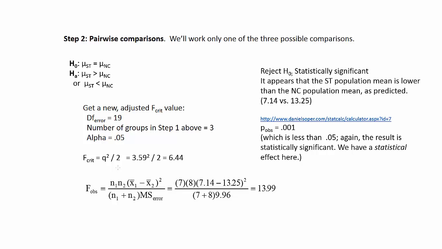Let's go ahead and get P observed for the 13.99. Now, whenever you run pairwise comparisons, the numerator degrees of freedom is 1. So we have 1 and 19 degrees of freedom here. Okay, so we'll go back to the calculator and we'll use 1 and 19 degrees of freedom for this pairwise comparison with the F value of 13.99.